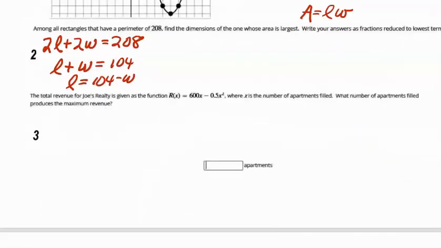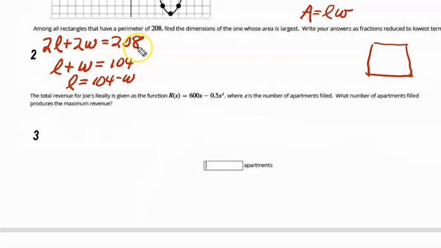All right, in example 2 now, take a moment to read it carefully. A diagram might help too. We have a rectangle whose perimeter is 208.